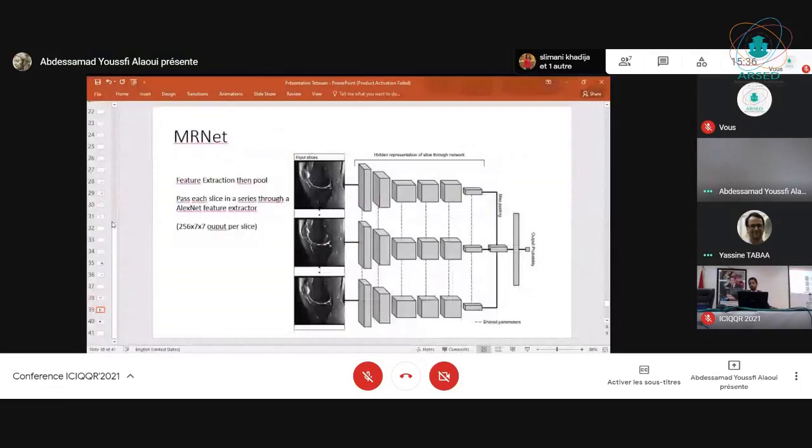There is another solution which aims to, for example, detect knee problems using MRNet. It contains three or a lot of branches, with each branch being an AlexNet neural network, and we concatenate the results of each branch to have just one tensor as the output of our model.